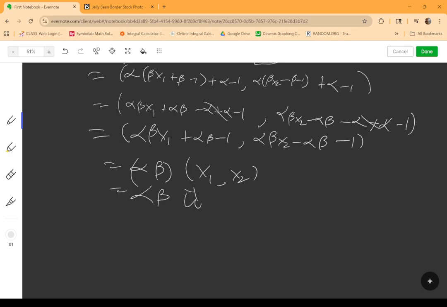Now, I want to go over a couple properties. I won't go through all 10, right? Because that is time intensive here. But one important property here is the zero vector property.